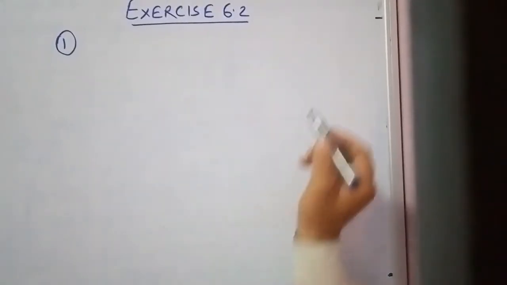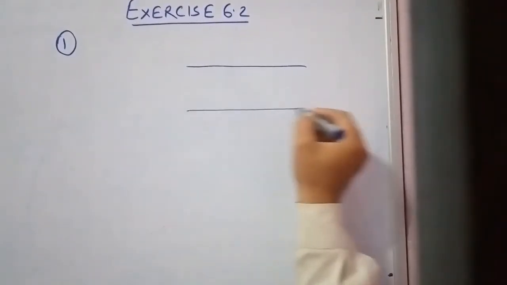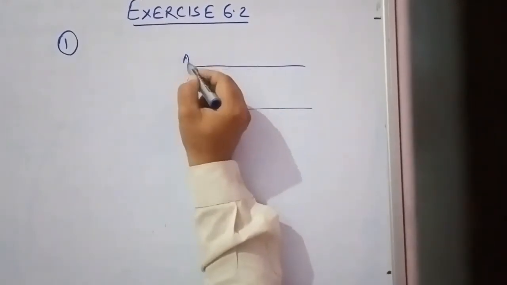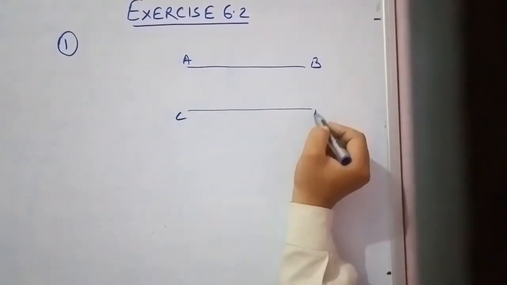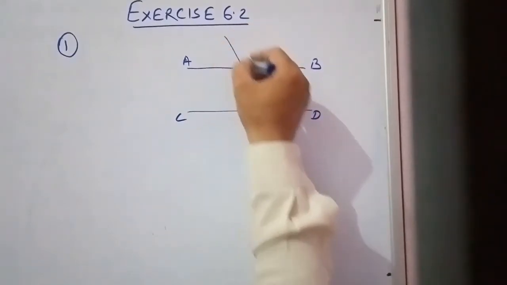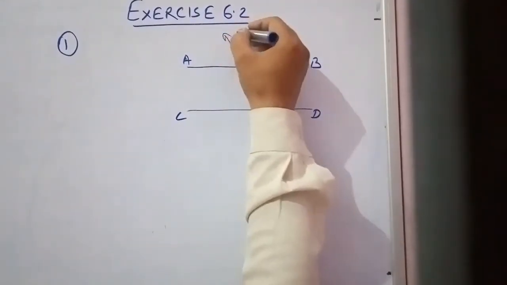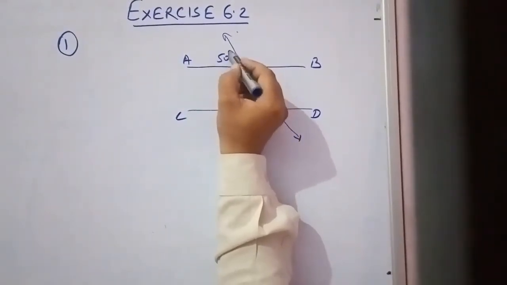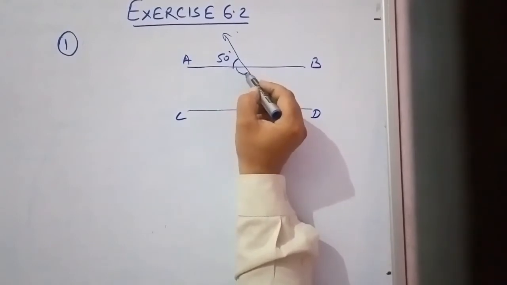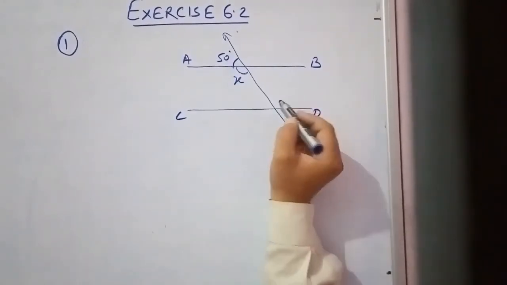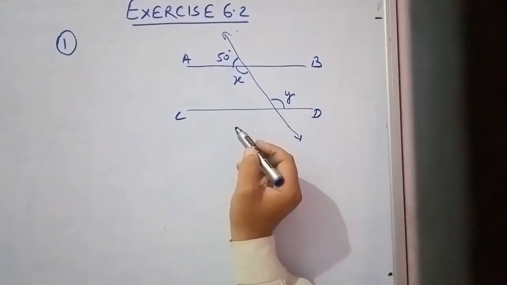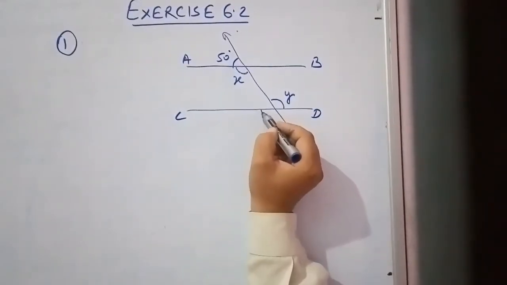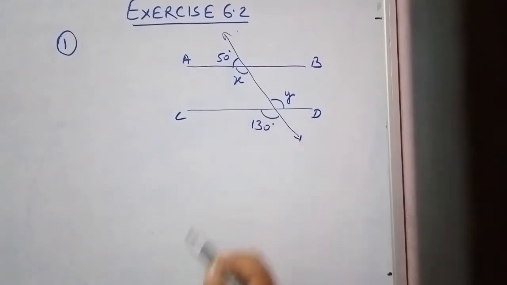Question 1: two parallel lines AB and CD are intersected by a transversal. Here the angle given is 50 degrees, and this is X. Here is angle Y, and this is angle 130 degrees.